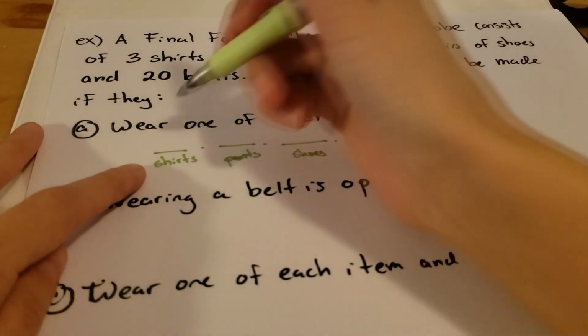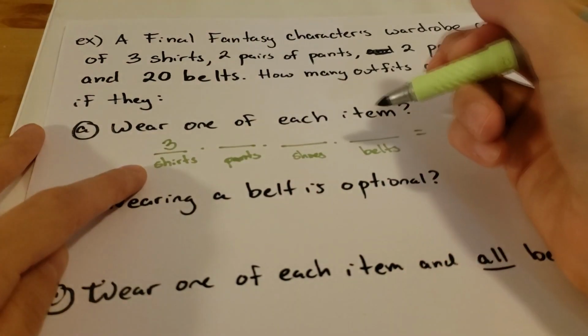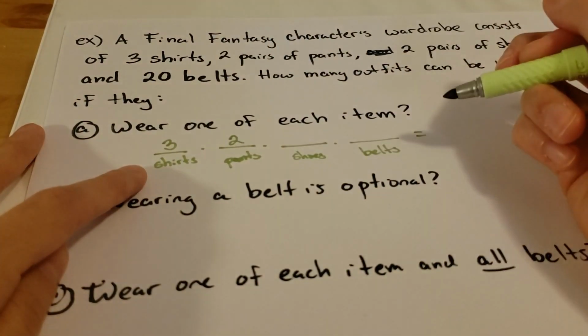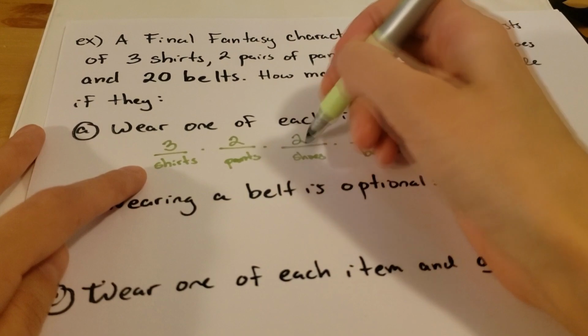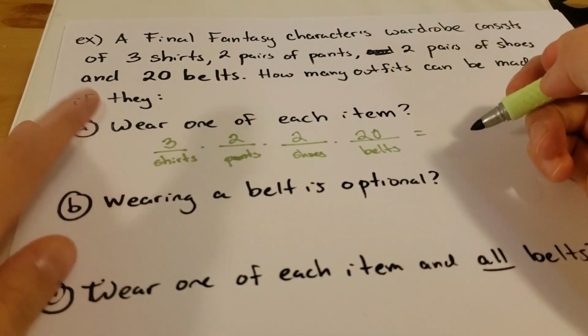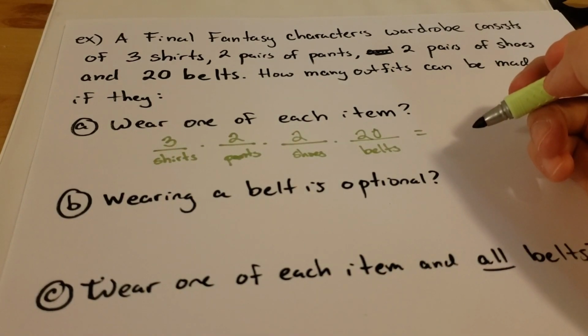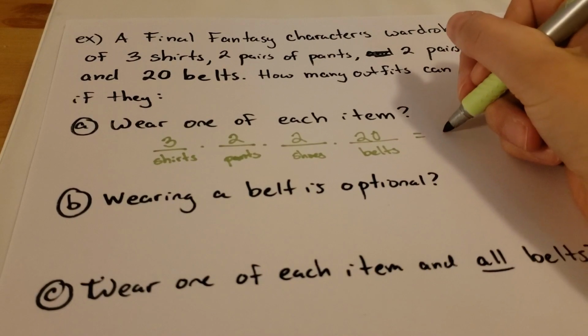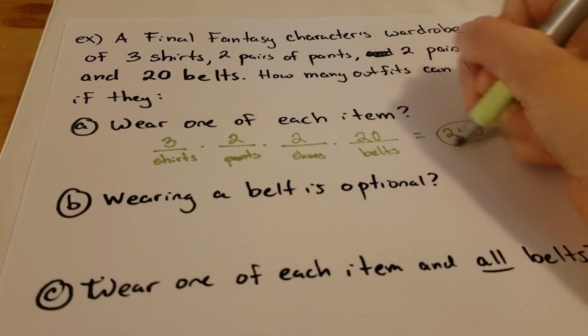There are 3 different ways they can choose a shirt. There's 2 different ways they can choose a pair of pants. There's 2 different ways they can choose a pair of shoes. And then there's 20 choices that they have for belts. So if we multiply all of these together, we end up with 240 different possible outfits they could make.